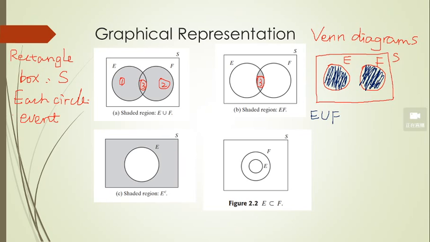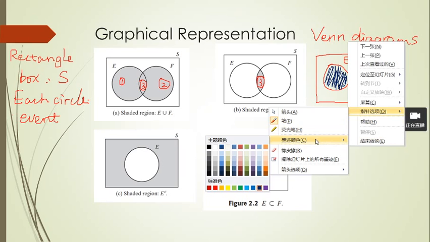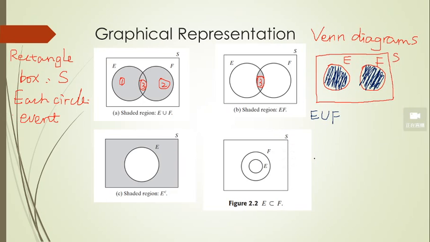But in this diagram, what is E and F? If E and F are two separate circles, there is no intersection, which means there are no common outcomes, or no outcomes existing both in E and F. Yes, it's called the null event.